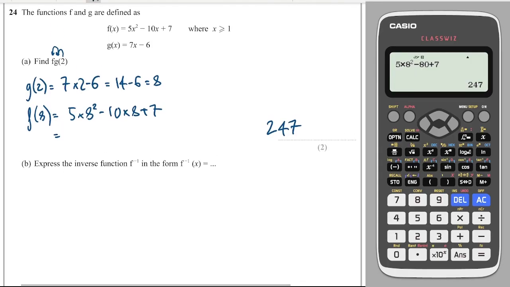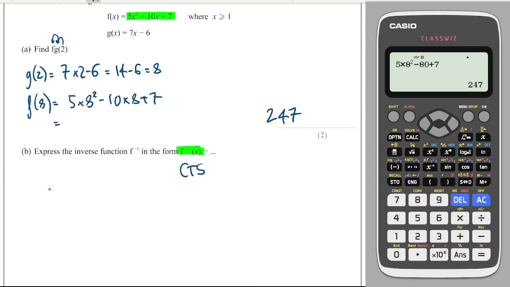Find the inverse function. Okay, the inverse function of a quadratic, we have to use completing the square. So I first off take out a factor of 5, and that gives me x squared minus 2x. And in fact, I can leave the 7 outside the brackets. Most of the time it makes it easier.